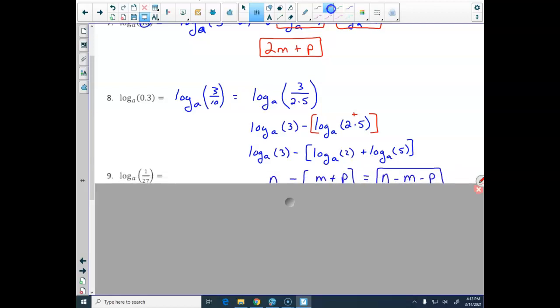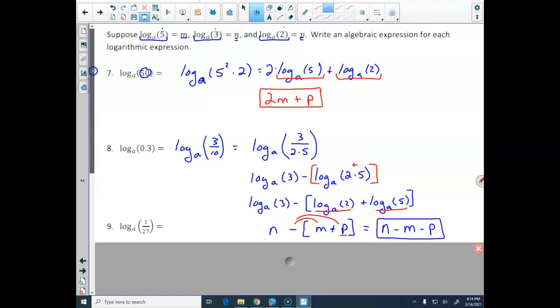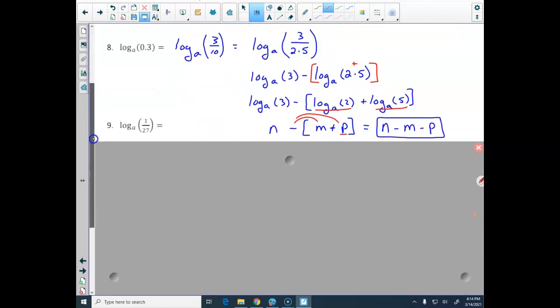And when I power them all down, if I had any powers, well, it's really n minus, well, here's m plus, here's p, and I can distribute this negative, and I can say it's n minus m minus p. I'm just breaking them into those insides. They're all the same base. I'm just breaking all the insides into the numbers 5, 3, and 2.